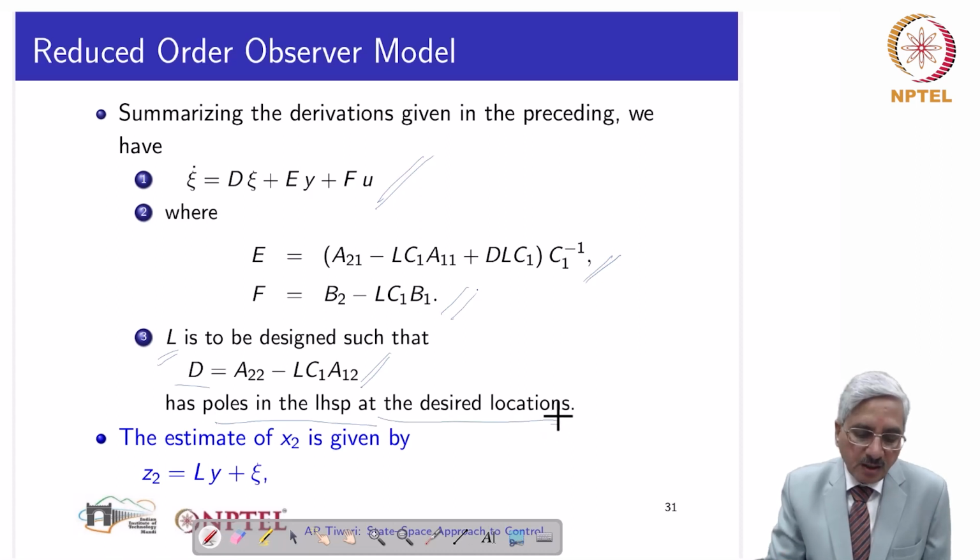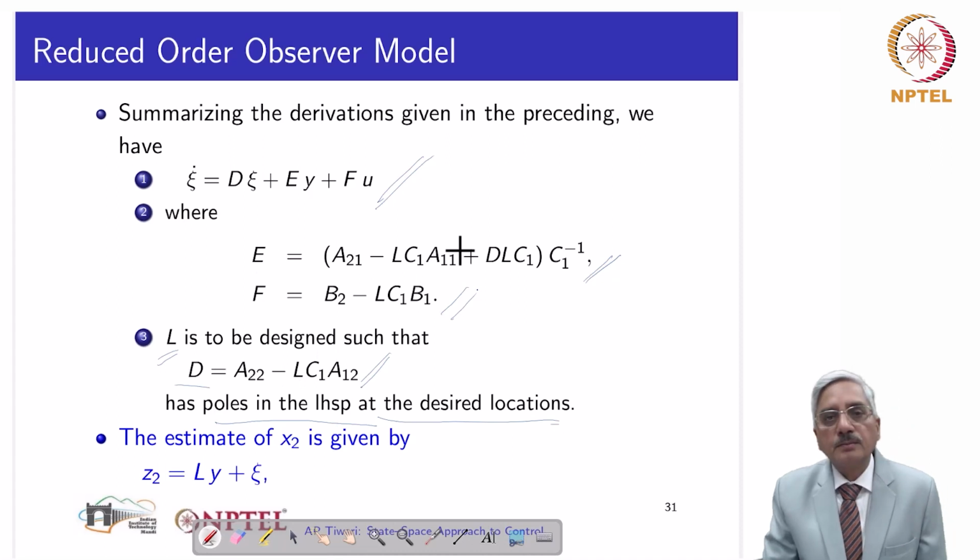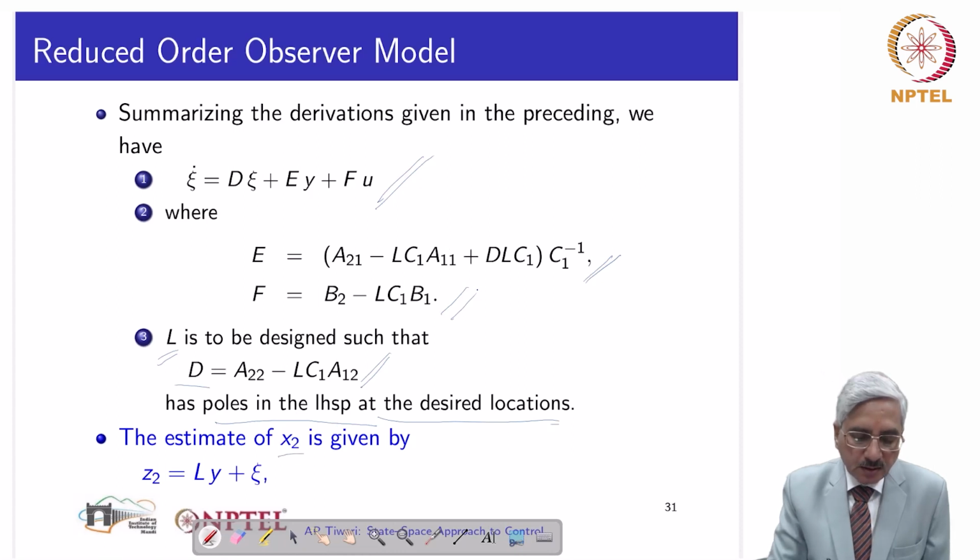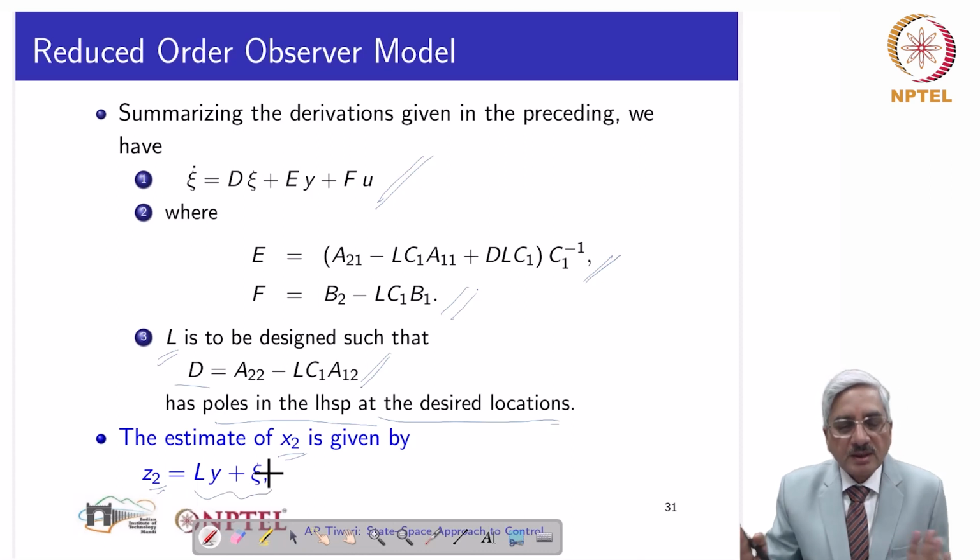And once we have obtained L, then this E and F are fully known. And the estimate of the state x2 will be Z2 given by this one, Ly plus J. So that is all the reduced order observer is.